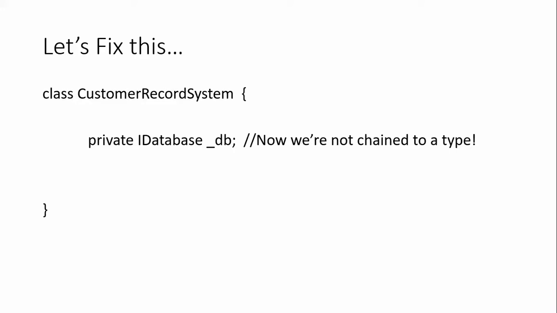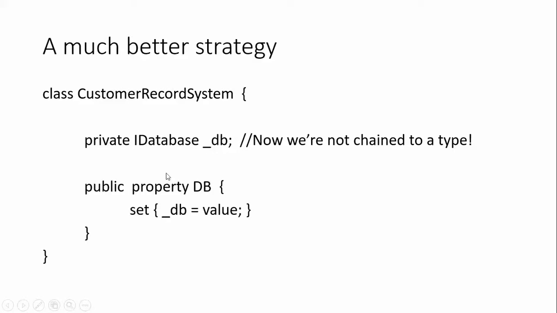So let's look at what that would look like in our class. We'll make a class called Customer Record System here, and we'll have a private database here, but notice this is an iDatabase. This is an interface. We don't know what specific type of object this thing is. We don't care. As long as it implements the iDatabase interface, and I think that should be a capital B, we're okay. And then let's provide a property. We'll make a public property called DB, and we'll make it a set-only property.